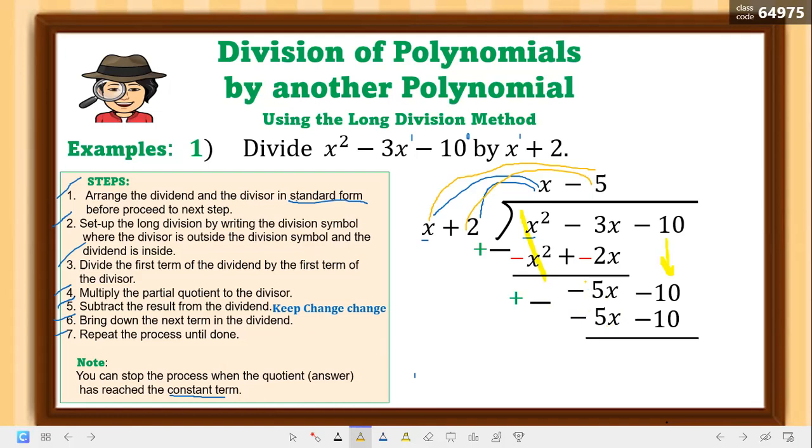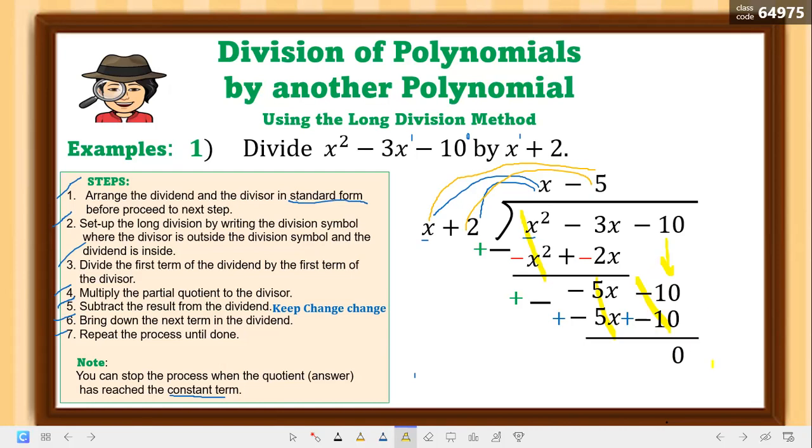What is negative 5x plus positive 5x? 0 po. Dito tayo. Negative 10 plus positive 10. 0 po. Okay, kung mapapansin ninyo, 0 ang kanyang remainder. Di ba?